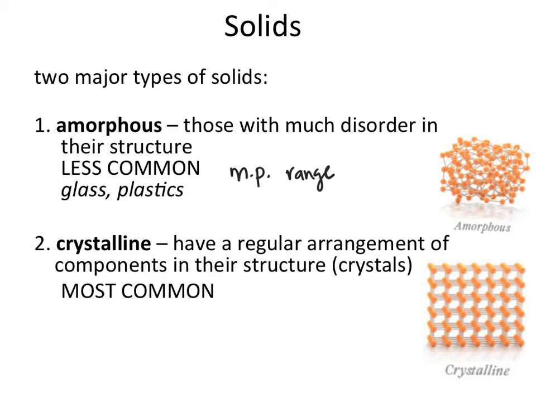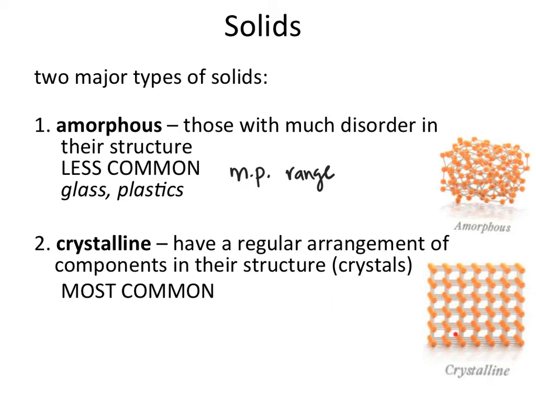Okay, so the fact that there isn't a consistent organized pattern that is present in this molecule makes it where certain areas of the sample may have slightly different intermolecular or intramolecular forces, and that subsequently might lead to differences in the energy required to separate out those atoms. Okay, and so this is what leads to the range that we see in terms of the melting point of an amorphous solid.